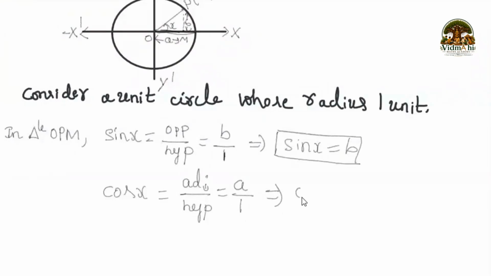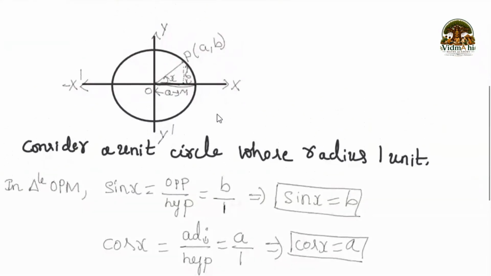So that cos x is equal to A. Now we can represent the coordinates of P, instead of A comma B, as cos x comma sin x.